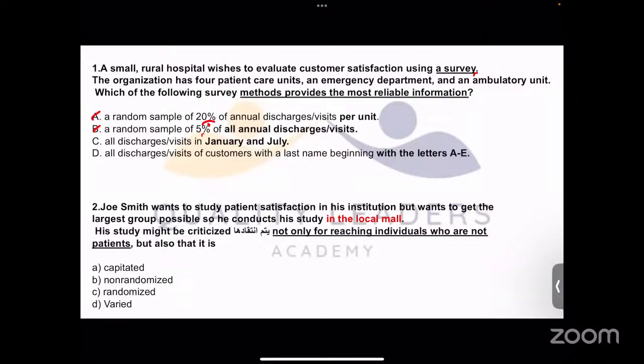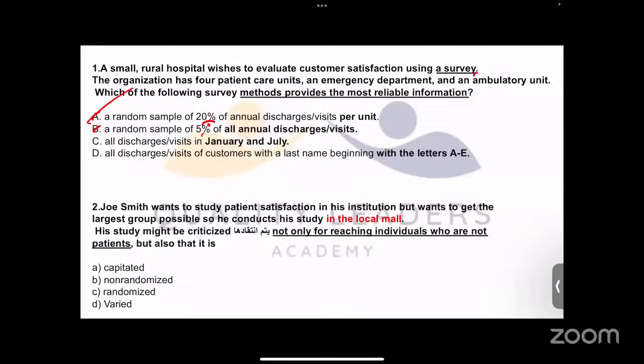So which is better, A or B? Should I take a large sample size or a small sample size? A large sample size, right? So A is better than B.